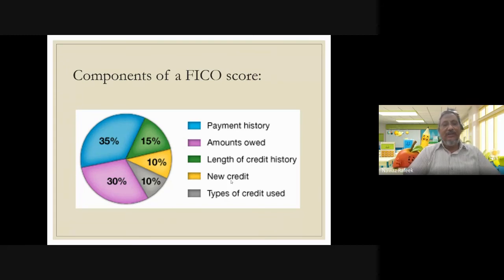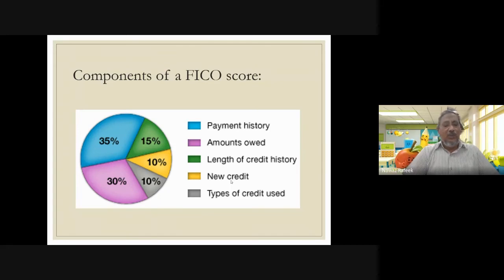Housing loans and other long-term facilities get a higher score, whereas temporary short-term working capital finance gets a lower one. The new credit, what you are going to apply for in future, gets 10%.